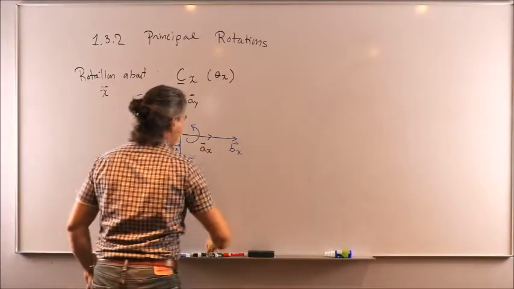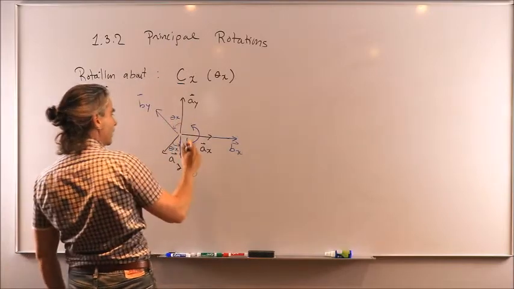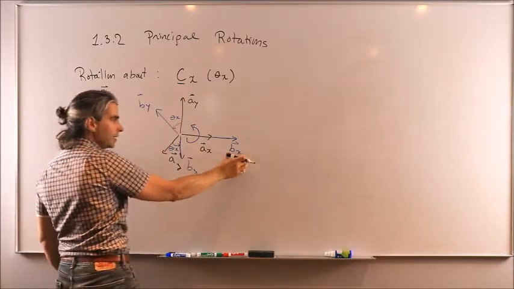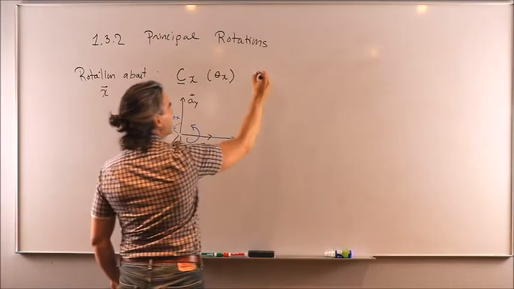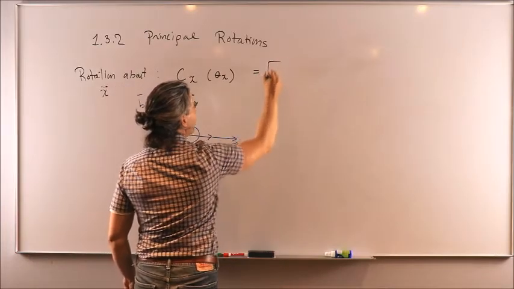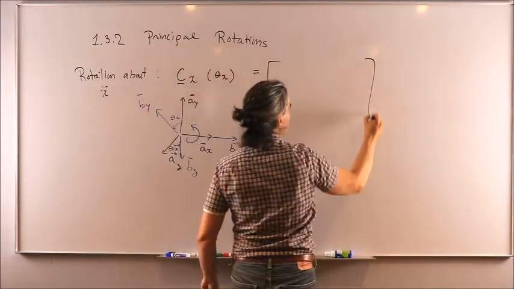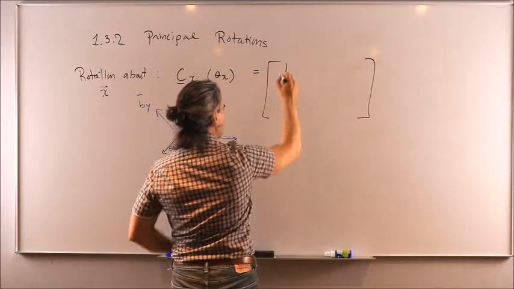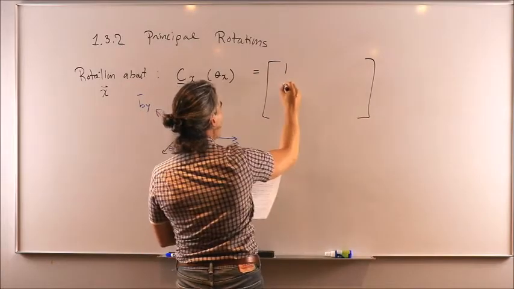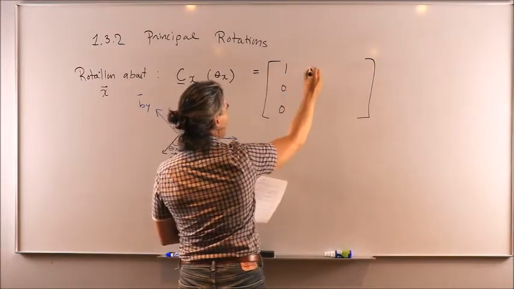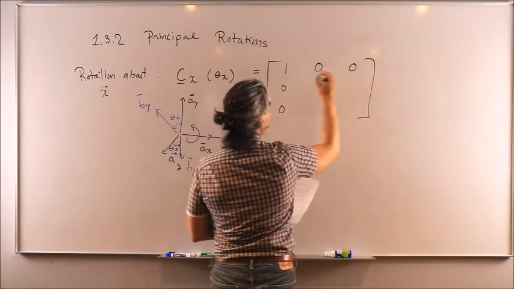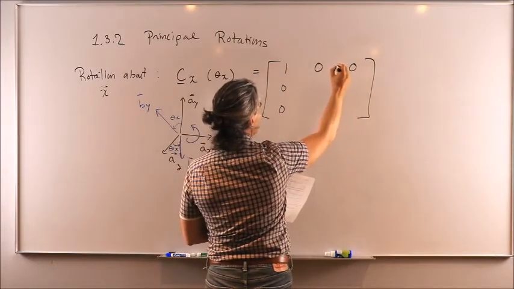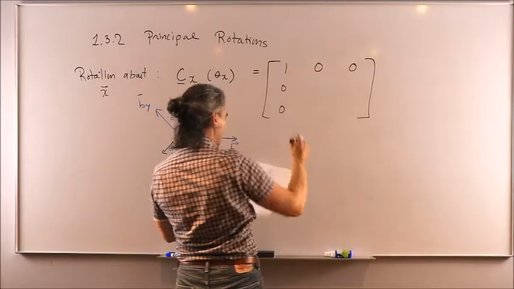Whenever that is the case, it means that the rotation matrix that relates reference frame B to reference frame A is obtained or is calculated by a 3x3 matrix that has the 1 in this upper corner, followed by one row of zeros and one column of zeros.